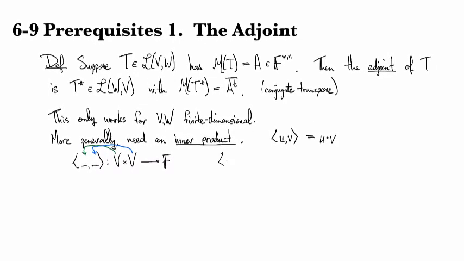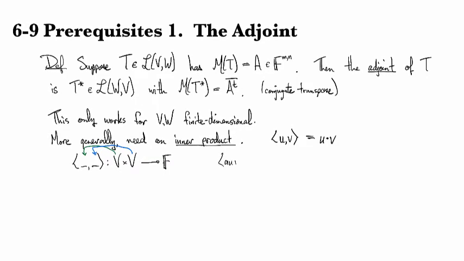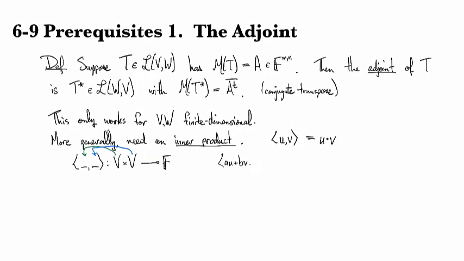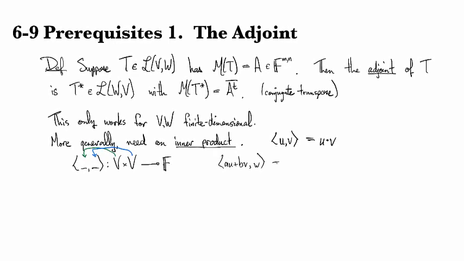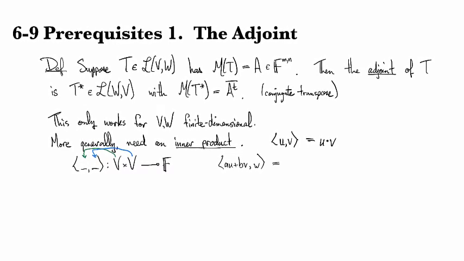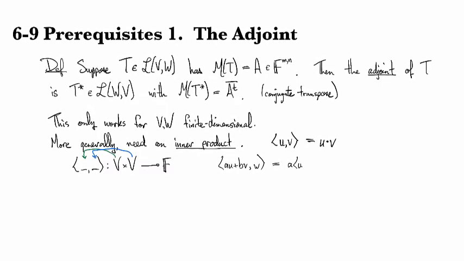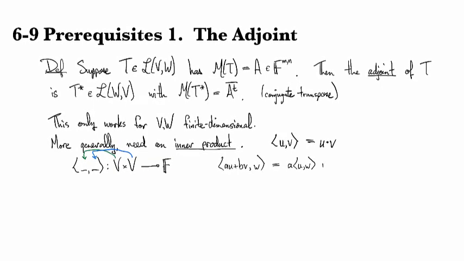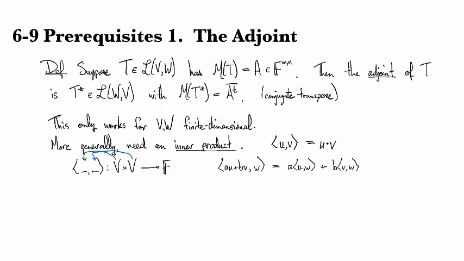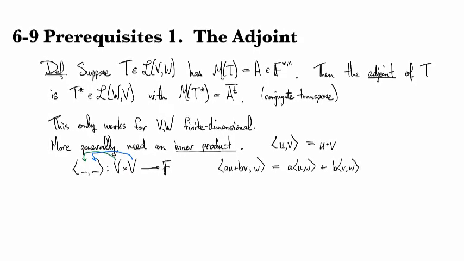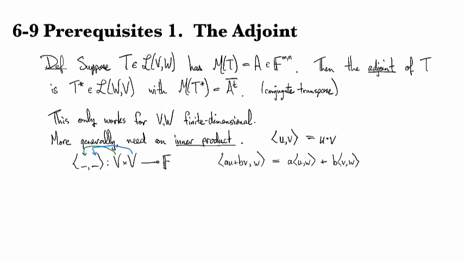So it has to be the case that if you have aU plus bV in the inner product against W, that it's linear. So this means that this is a<U,W> plus b<V,W>, so that it basically distributes and that you can pull scalars out.